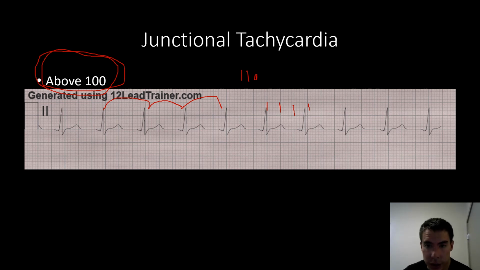P waves, yeah, there might be one like right in there, because I do kind of see that same little notch, but maybe not. It could also be lost in the QRS, but either it's inverted or it's not there, so that should be pointing us in the direction of a junctional rhythm.